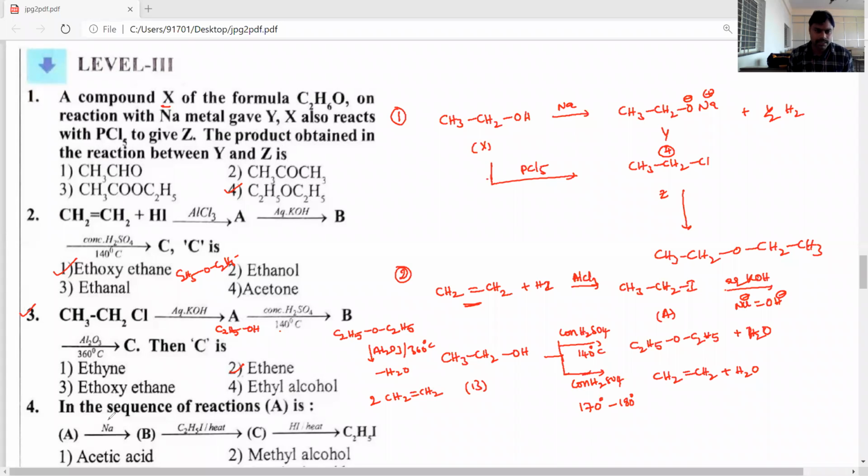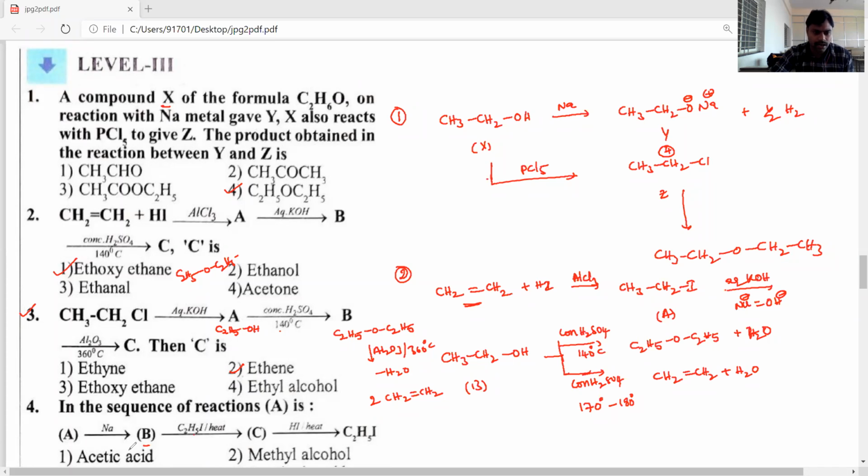Okay. Let's see the fourth question. In the sequence of reactions, A reacts with sodium metal and forms B, which reacts with ethyl iodide, followed by HI on heating. What is the product they asked?